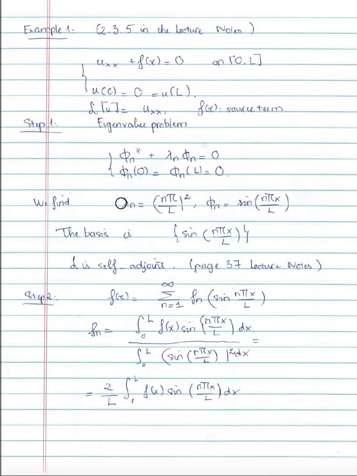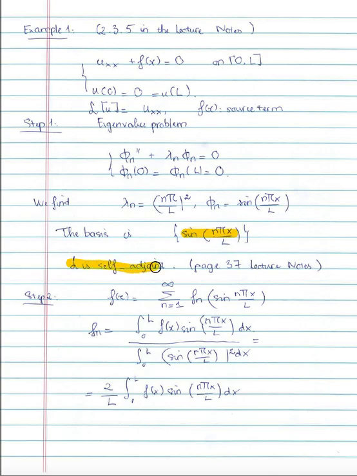For this problem, by computation like we did in class, we can find lambda n to be n pi over L squared, and phi n will be sine of n pi x over L, which means that when you take the second derivative of phi n, you will get minus lambda n phi n. In this case, the basis will be phi n.